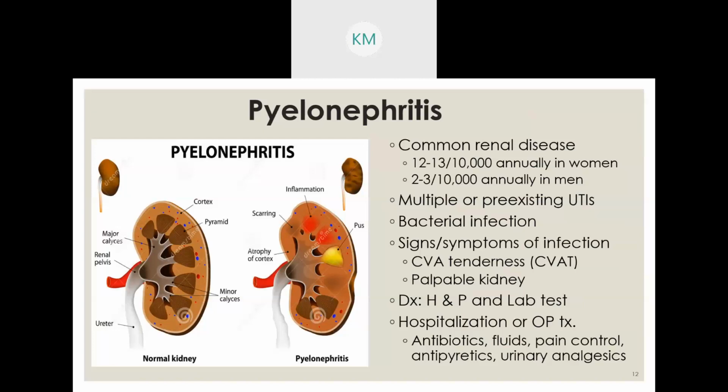People treat UTIs like it's not a big deal, and it is a big deal because it can turn into kidney problems. Also, if you're older, especially in the geriatric population, it makes you loopy. You have a decreased cognitive response to things.